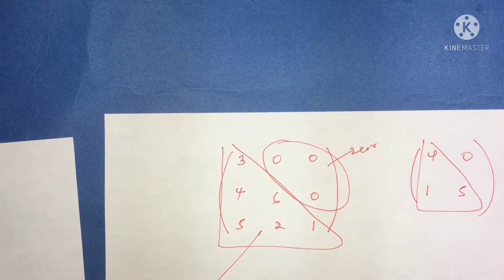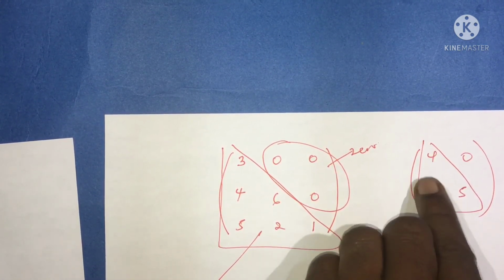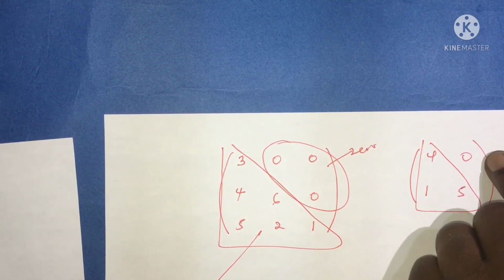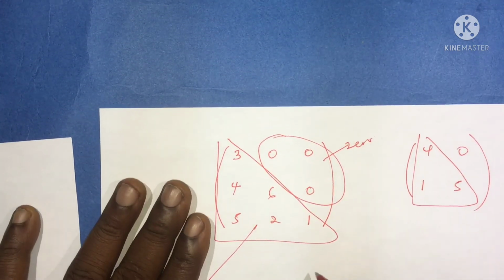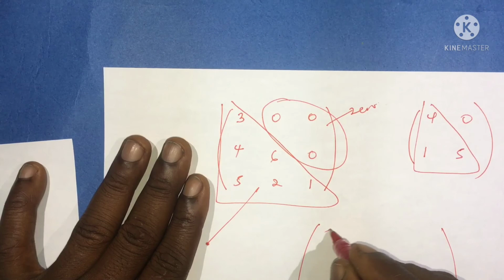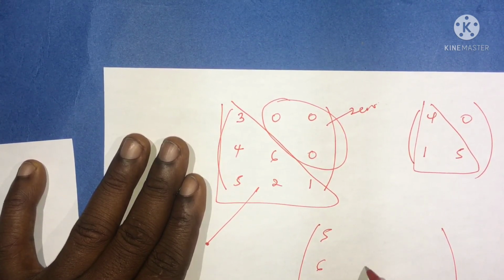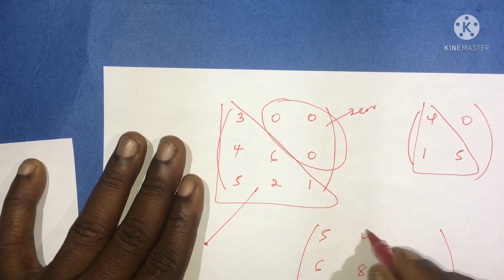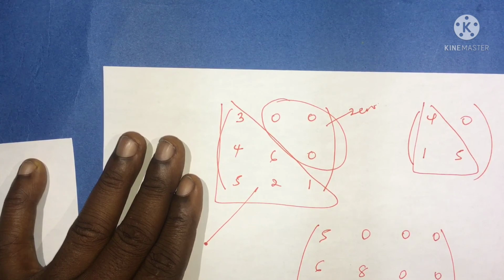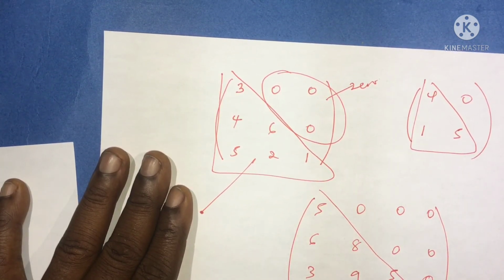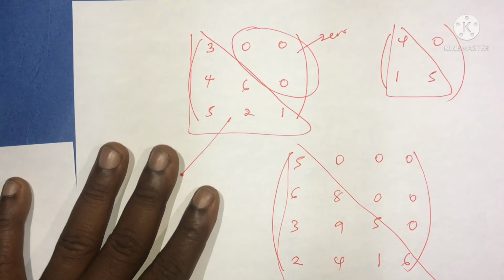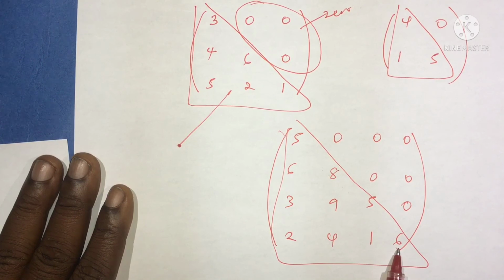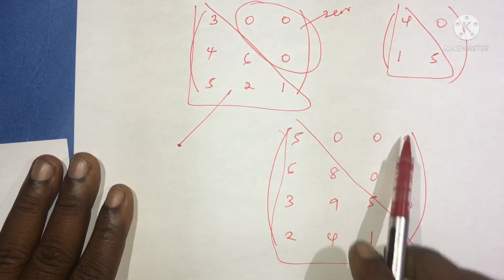Notice again, this is a lower triangular matrix because the elements on the principal diagonal and below it are non-zeros, but the ones above are zeros. If I put up this 5, 6, 3, 2, 8, 9, 4, 5, 1, and 6, 0, 0, 0, 0, 0, 0. Notice this again. This is a good example of the lower triangular matrix. All the elements below and on the principal diagonal are not zeros, but every element above is 0.